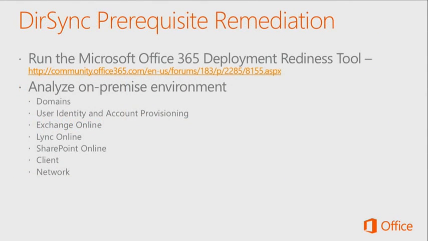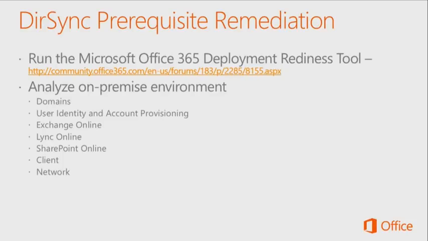All right. So requirements for DirSync. These have changed from last year. One of the big things I wanted to talk about first was the Office 365 Deployment Readiness Toolkit. This link here will allow you to run it, and it'll go through and examine your on-premise Active Directory and make sure that there are no big flags that come up to say why you can't run DirSync.